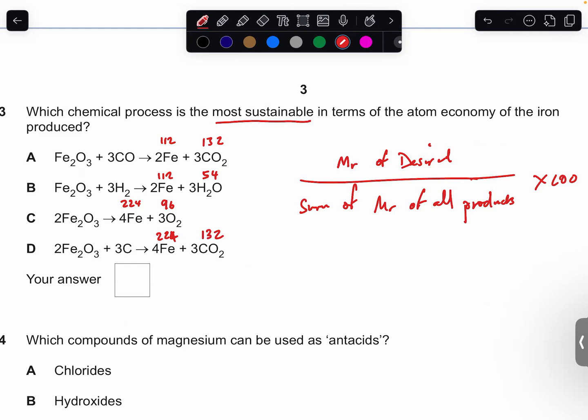If you look at all of these, the one that has the highest atom economy is the most sustainable. Highest atom economy. So if we compare, it rules the first 2 out.